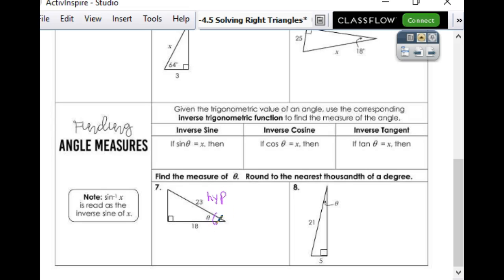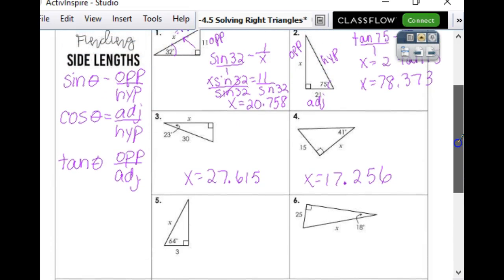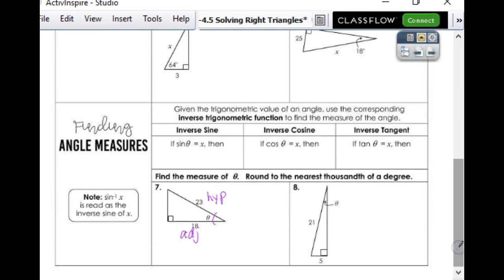The 18 is touching the angle, so this side is adjacent. So I have adjacent and hypotenuse. So which one of these do I have? Cosine, okay? So let's just write this. I want the cosine of theta to equal 18 over 23.